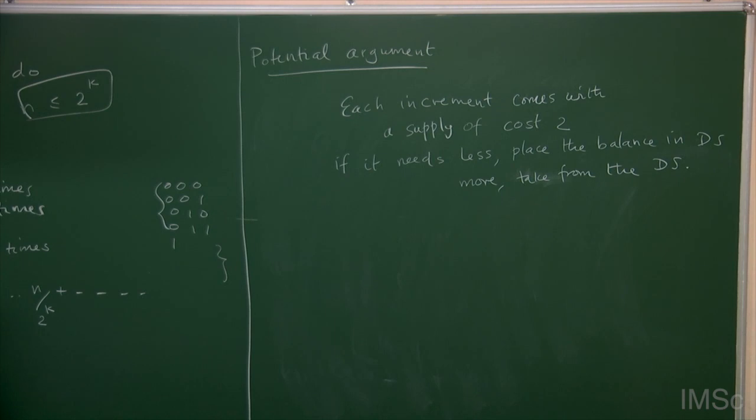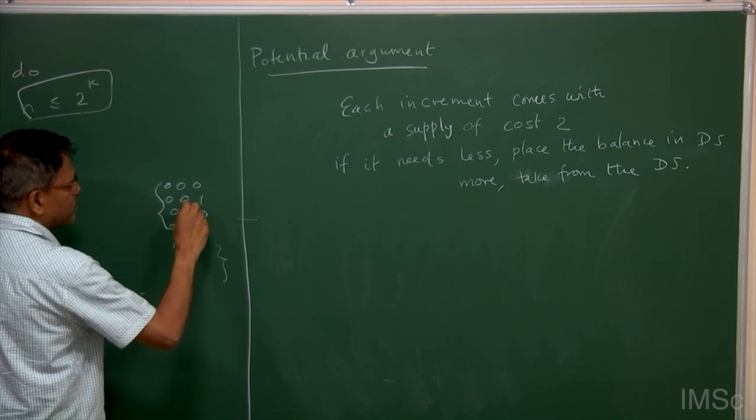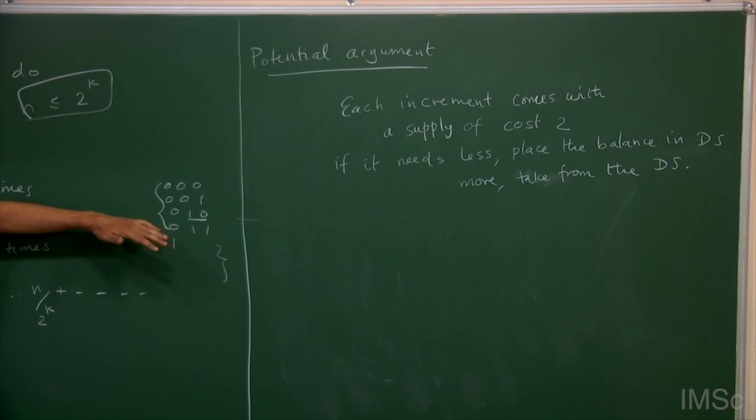For the next operation, I again give 2, but it's going to take 2 units of time because I'm going to flip this. There is already 1 sitting in there. That's okay. I'm going to keep the 1 there and use this 2 to pay for it. So now the data structure has 1 unit left. This is how we keep track of it.